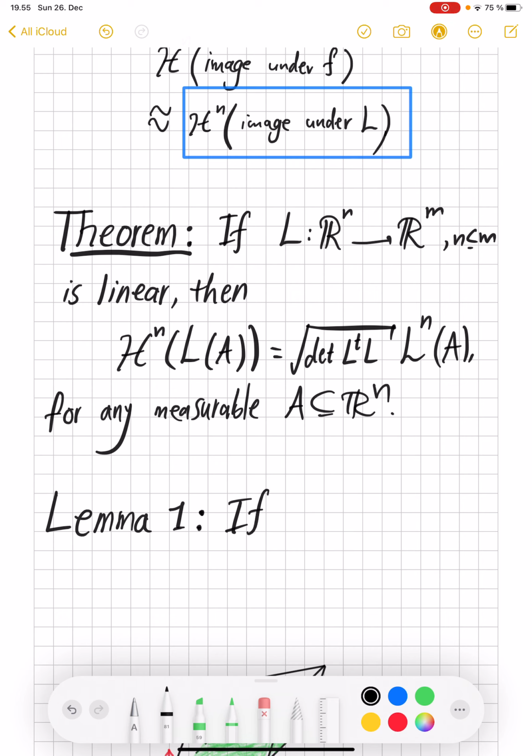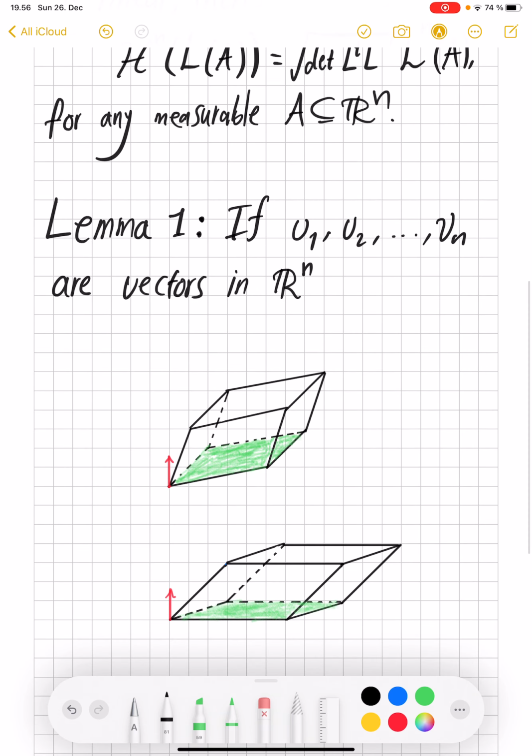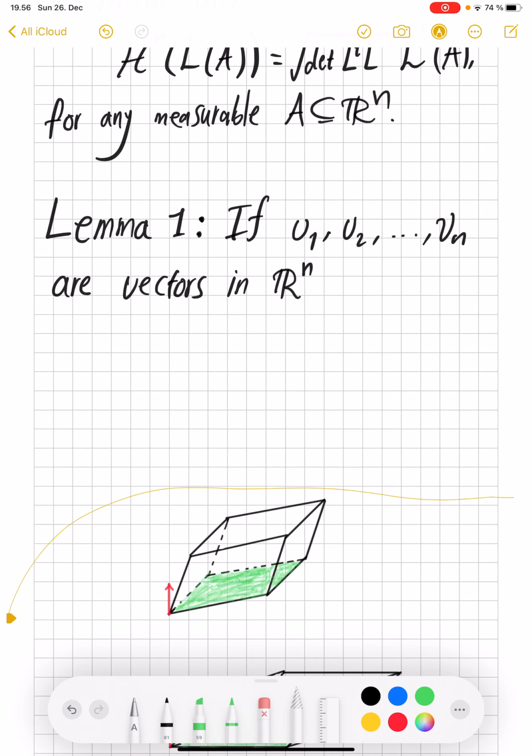If v1, v2, up to vn are vectors in Rn, so the same number of vectors as the dimension. Okay, so I'm revealing some of the pictures I have prepared.